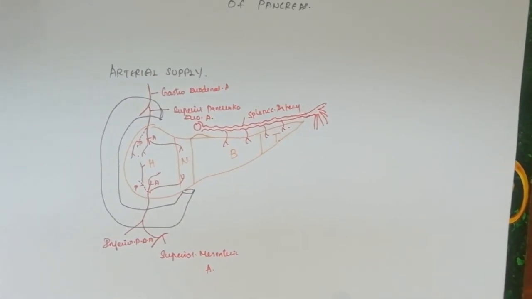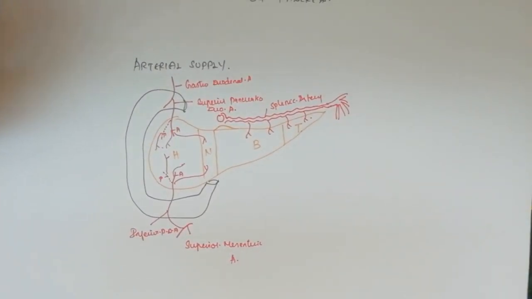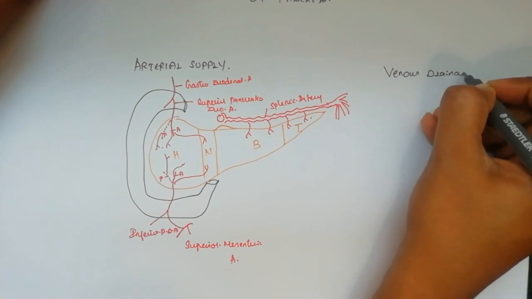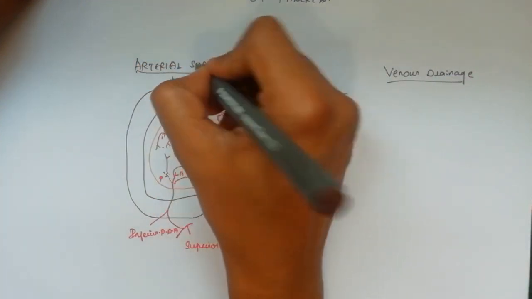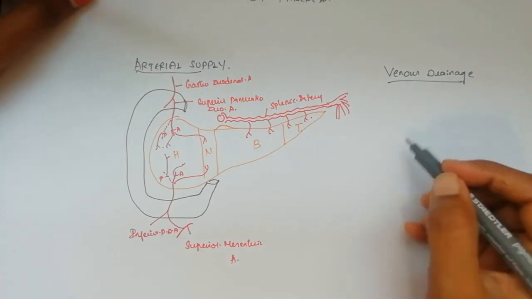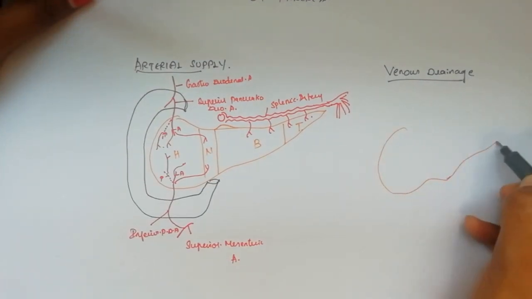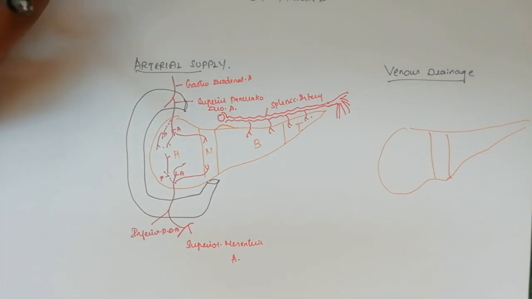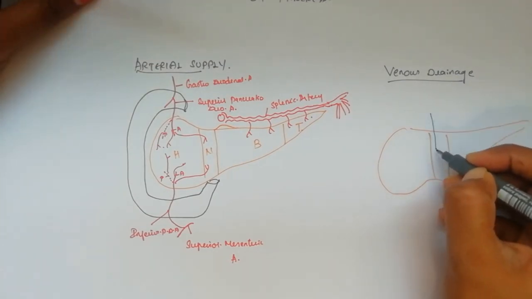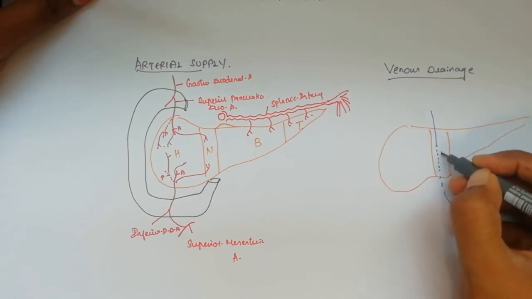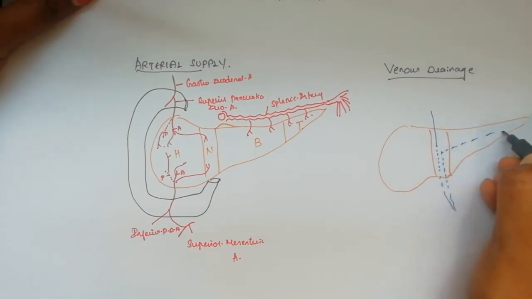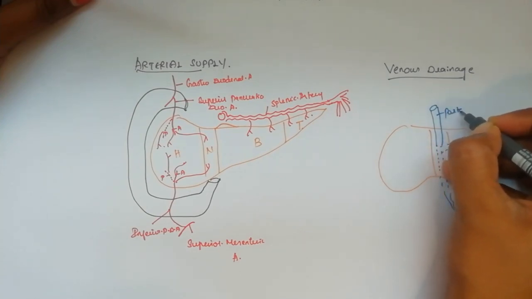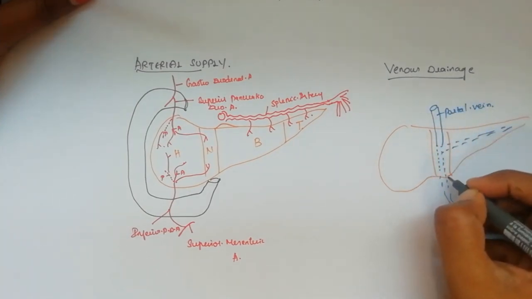Now we will move on to the lymphatic drainage of the pancreas. Here we have again head, neck, body and tail parts.